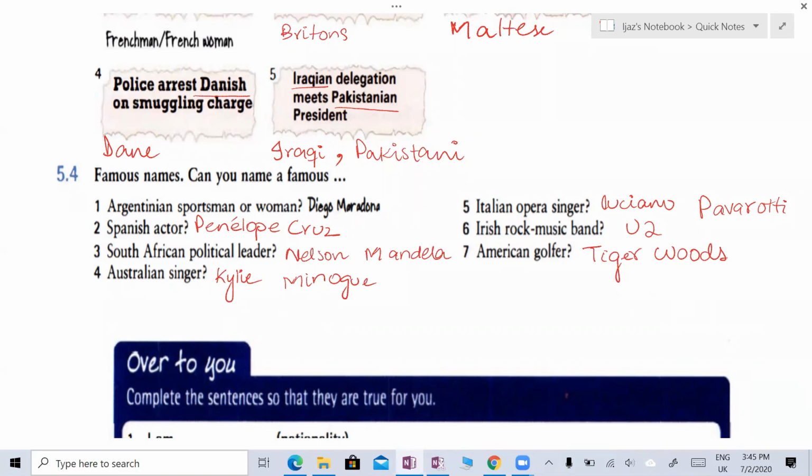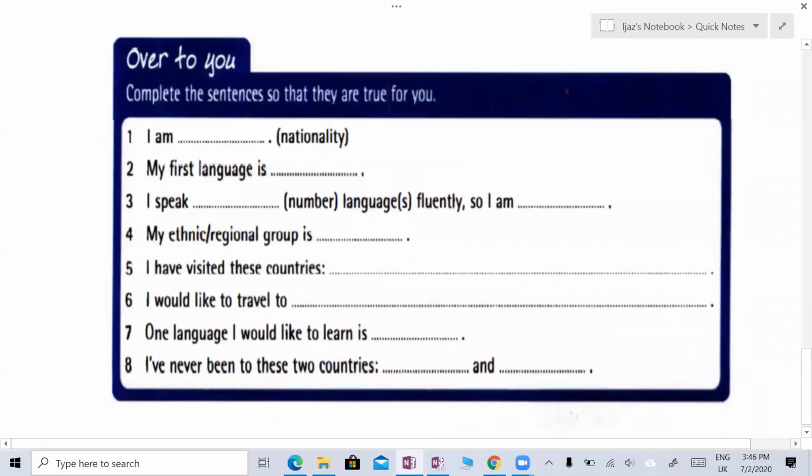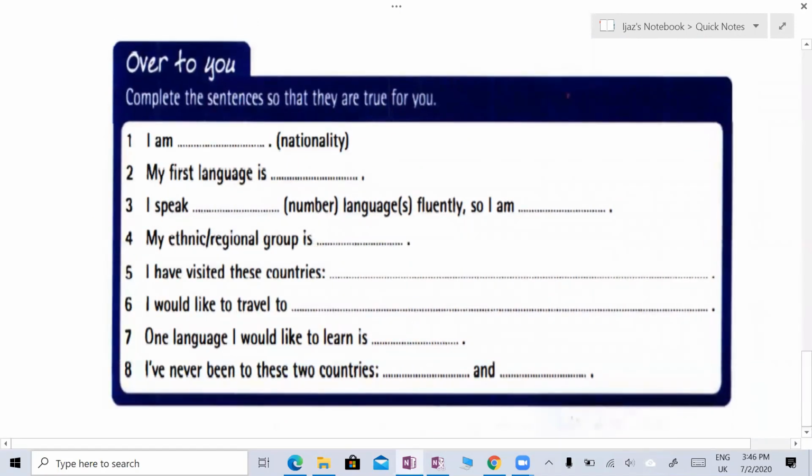Okay, the last part, this is about you. You will have your own answers here. Like the first question is, I am, you can write it down, your nationality. Okay, you write first letter capital, write your nationality. Yes, Anis says Pakistani.